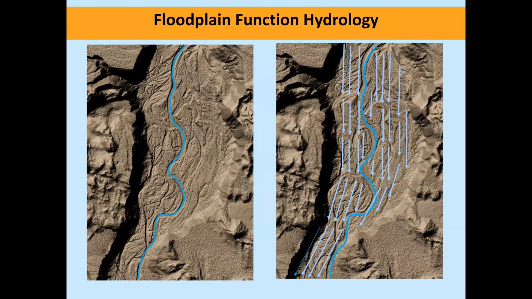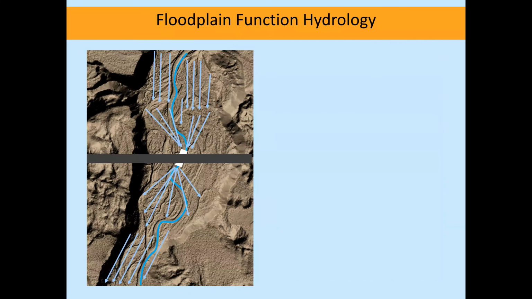And if you were to construct a crossing there that only passes flow through that main channel, you'll end up with all kinds of negative effects on floodplain connectivity, things that were touched on yesterday.